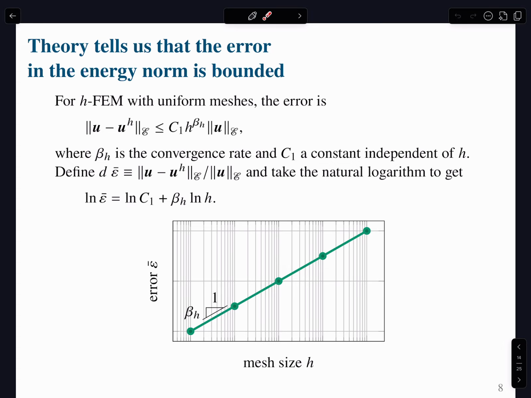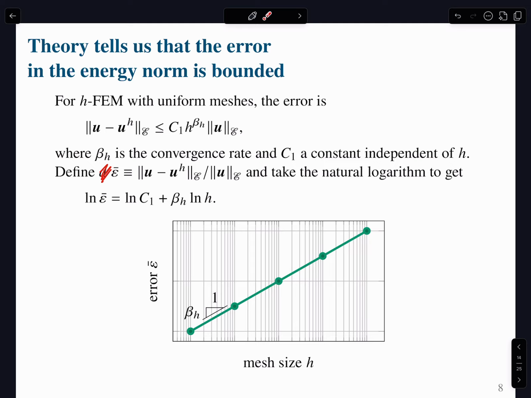So, if you take the log of that expression, and then let's take the limit, because asymptotically this bound is very sharp, right? So we get rid of that inequality, and we define, again, that epsilon. There's a typo here. This should go away. So you define the relative error in the energy norm like that. You take the log at both sides.